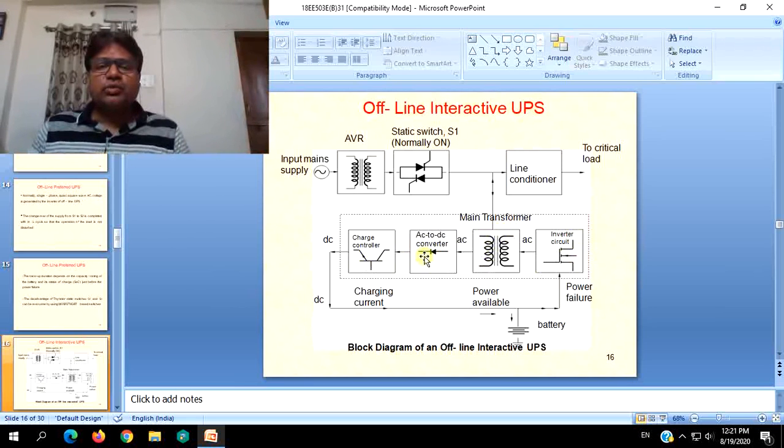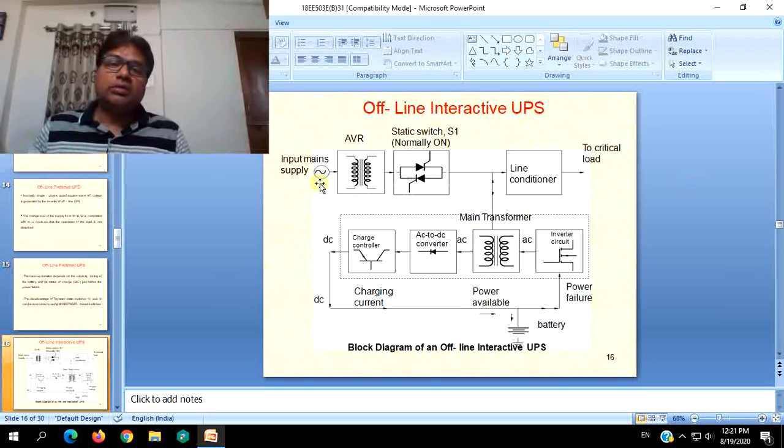There were two transformers in case of inverter and charge control unit. Here you will be required only one main transformer, and you will be using another automatic voltage regulator transformer along with the supply mains. So these are the differences between them.